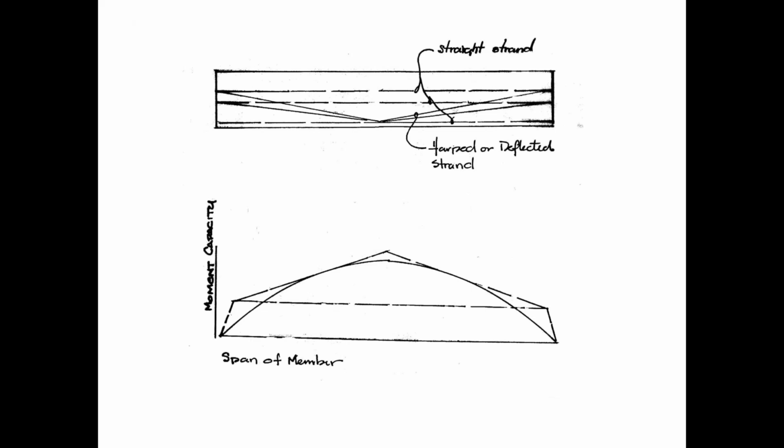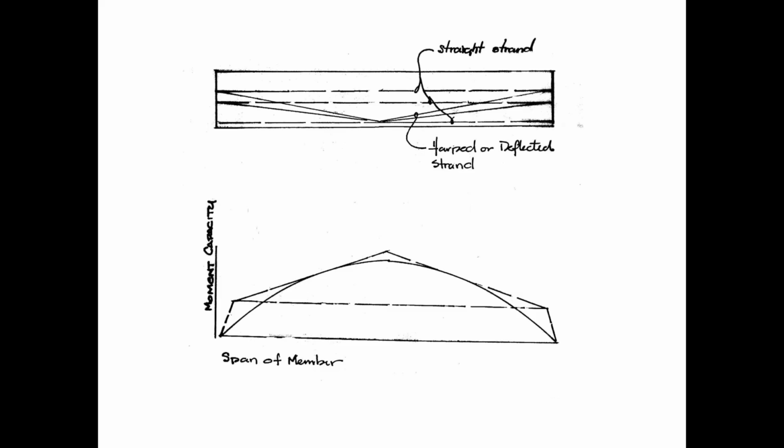Now with straight strand pre-stressing, once the strands are developed, we have a constant moment capacity in the beam. And so that's represented by that lower straight line that is horizontal along the length of the beam. That represents the moment capacity of the beam with straight strands.